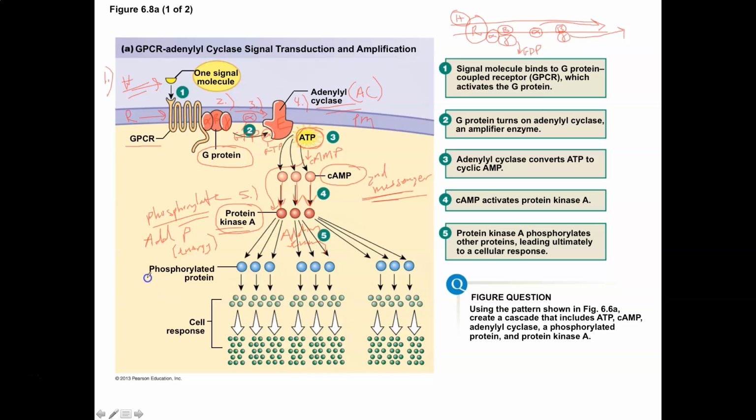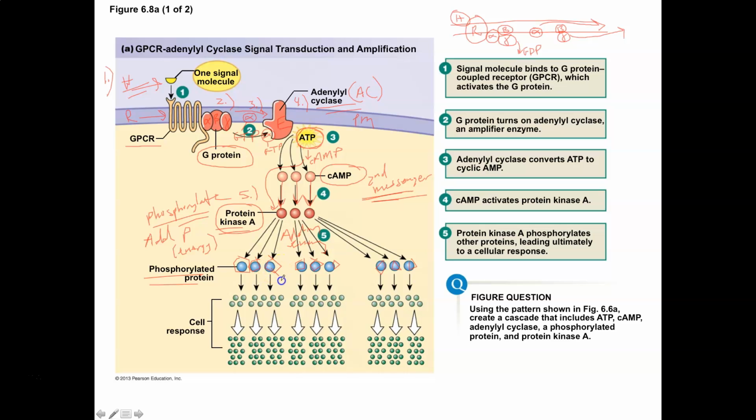Okay, it's phosphorylating all these other proteins. Okay, so see all these other proteins within the cell. Okay, these protein kinases are going along and they're adding energy to these proteins so that those proteins within the cell can elicit the cellular response.